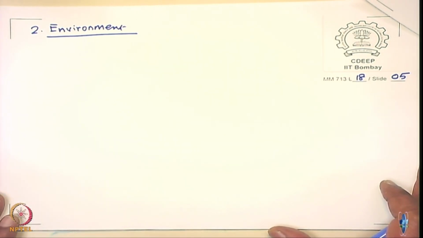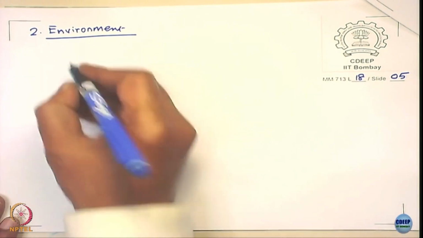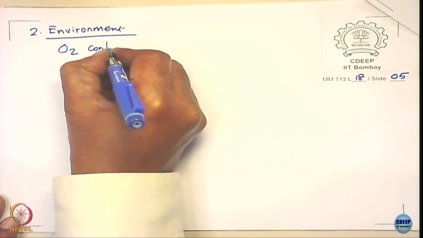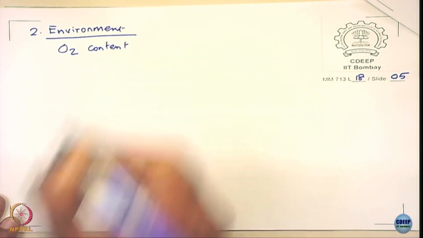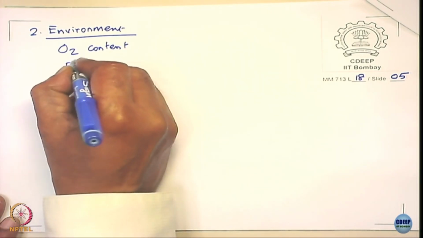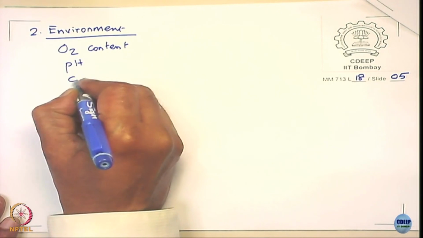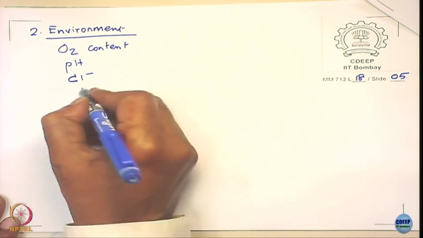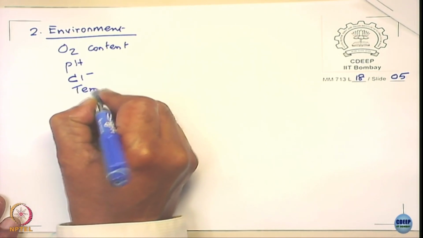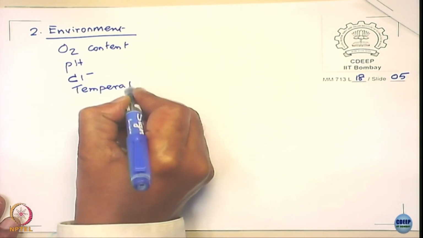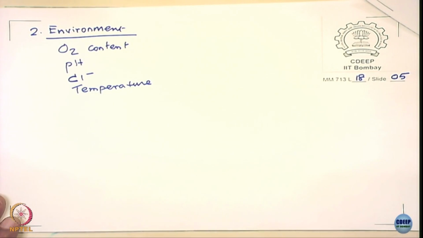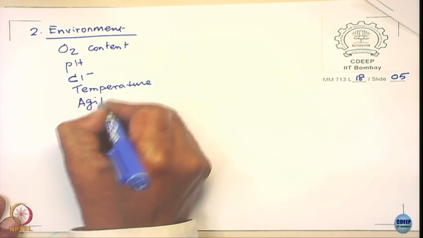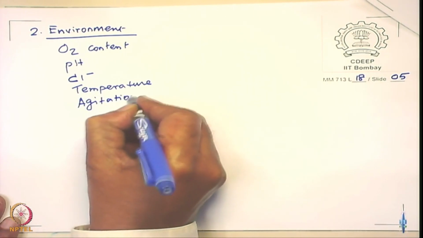Okay. So, when you look at the environment, it is the oxygen content, pH, chlorides present in this actually, the temperature, okay. If you want, you can add agitation or otherwise.